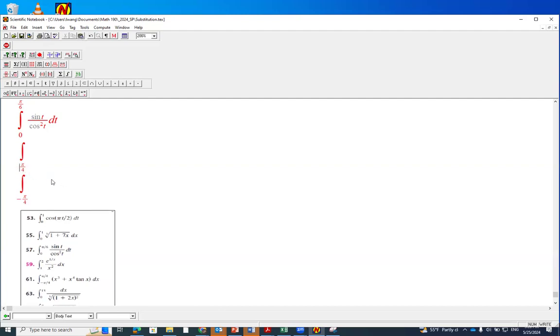Positive pi over 4. Okay. And the function is x raised to the power 3 plus x raised to the power 4 times tangent x dx. We have these two questions.